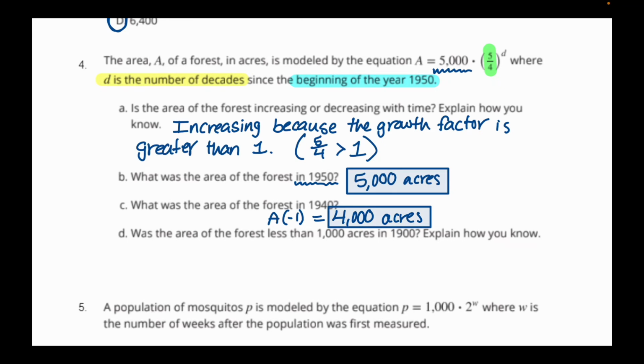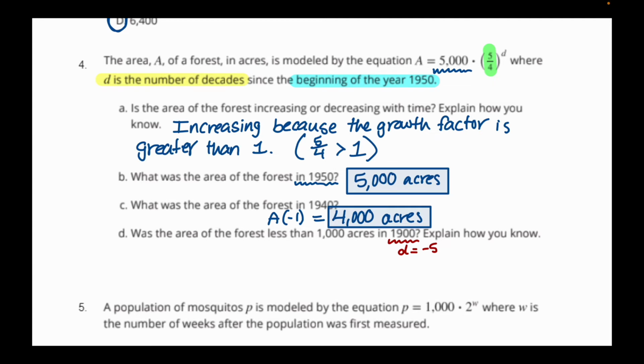Okay. And then for question D, we have, was the area of the forest less than 1,000 acres in 1900? And explain how you know. So in this case, 1900, this would be when our decades is -5.